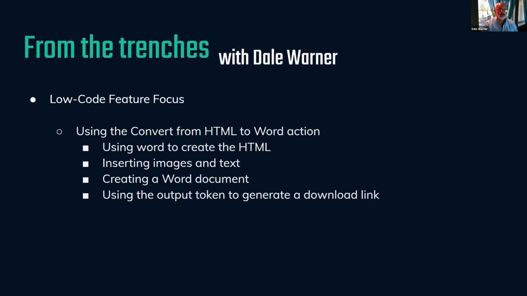We show an example of inserting images and text, a signature and a name signing a letter. We create a Word document and then make it available as a download, and all that happens in, I don't know, 6 or 8 minutes. So a very good encapsulation of some knowledge that I think would be useful. I've posted the link in the chat to the low code feature focus, and there's a lot of other good content in there as well.